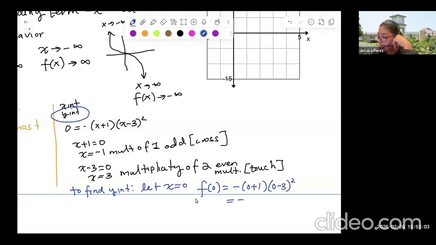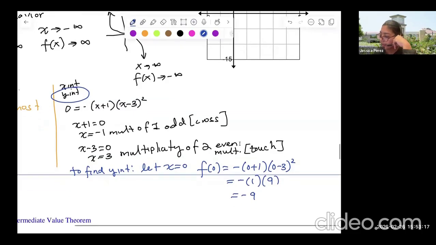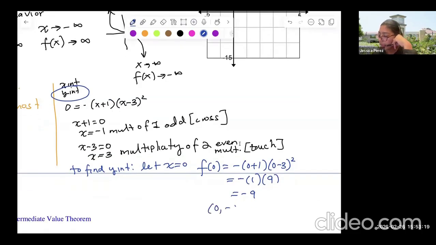So it's negative 1, and then negative 3 squared, that's a positive 9, that's negative 9. So negative 9 would be the y-intercept. So 0, negative 9, that's my y-intercept. My x-intercepts are negative 1 comma 0 and 3 comma 0.